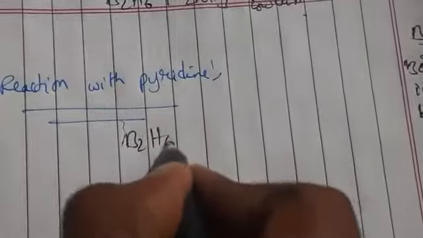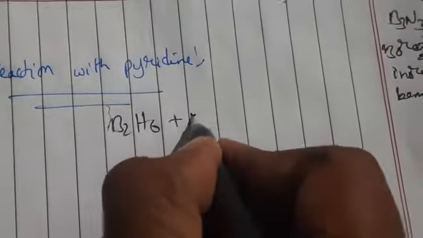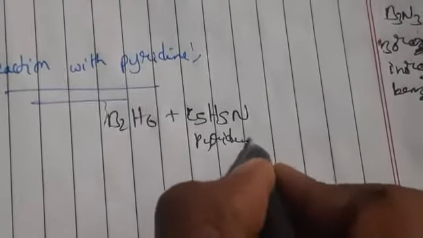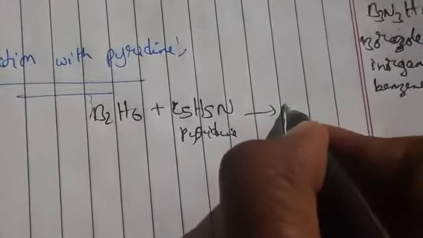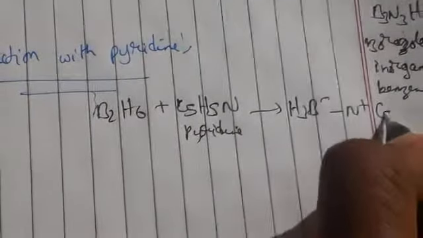B2H6 plus C5H5N, which is the pyridine formula, forms H3B-N C5H5. So these are the chemical properties we have observed: reactions with water, alkali, halogens, oxygen, olefins, ammonia and pyridine. These are the properties of diborane.